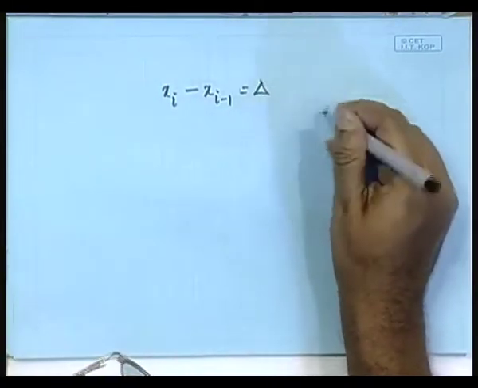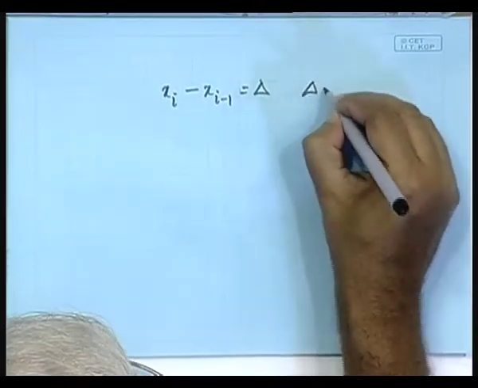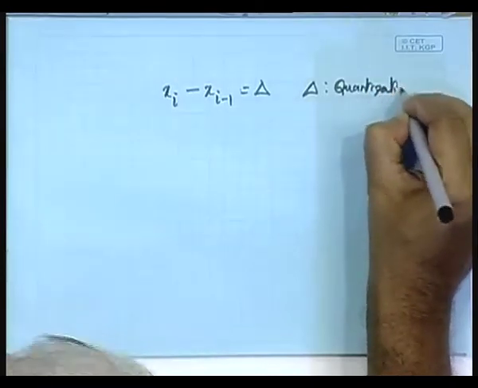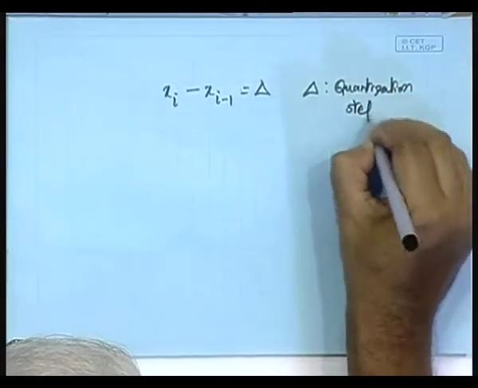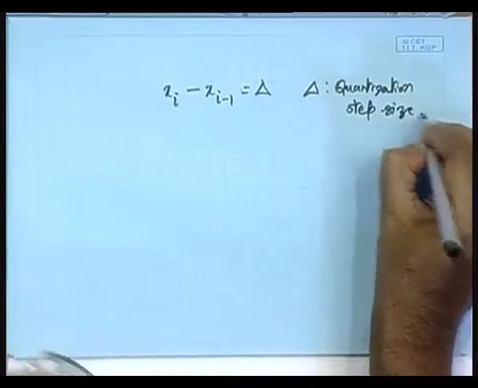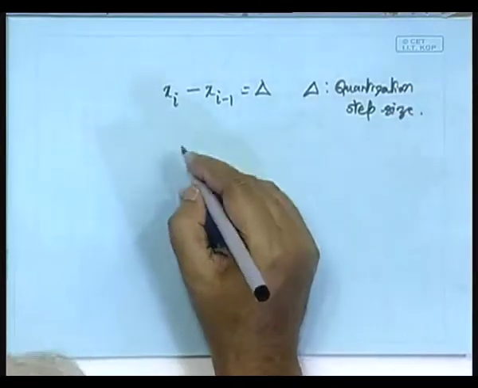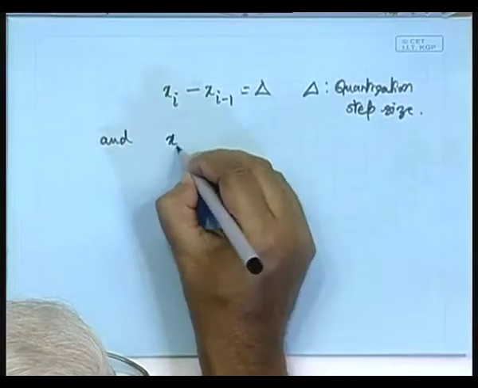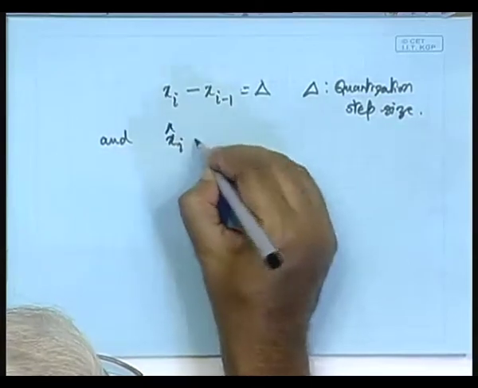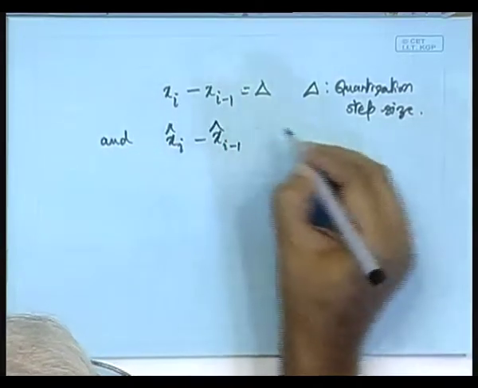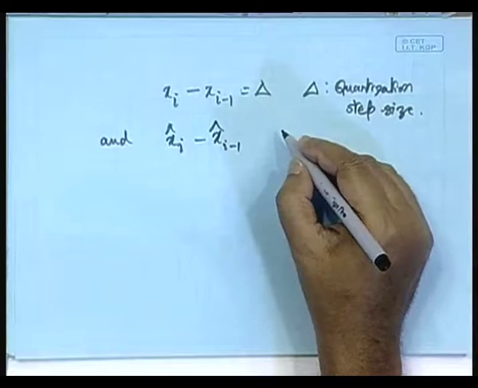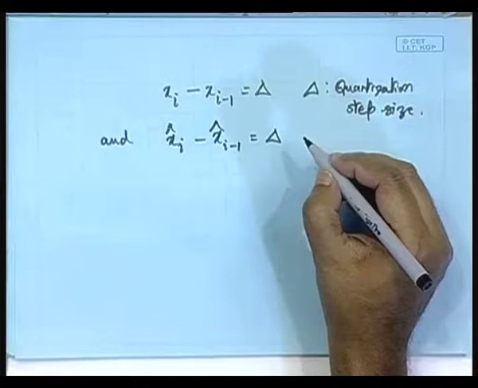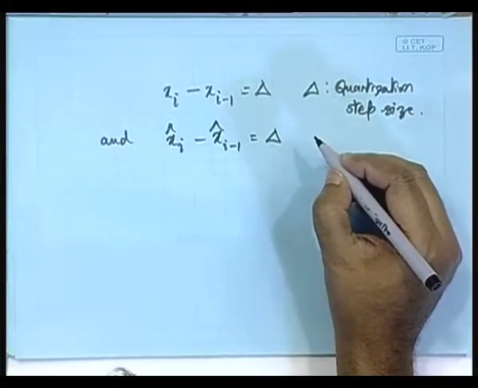So, delta is nothing but the quantization step size, and likewise for the quantized values also a similar step size will be there. So, we can also write xi cap minus xi minus 1 cap, that means the difference between two successive quantized levels also will be equal to delta.